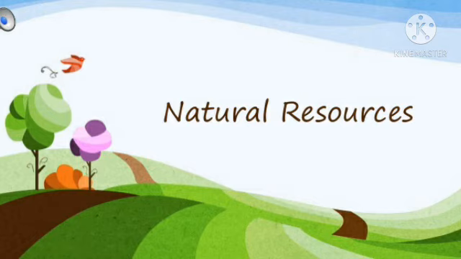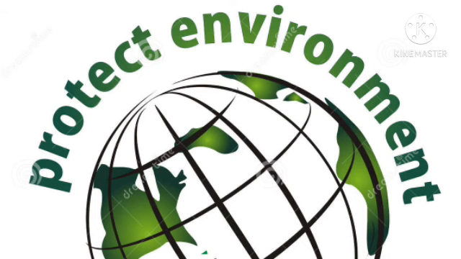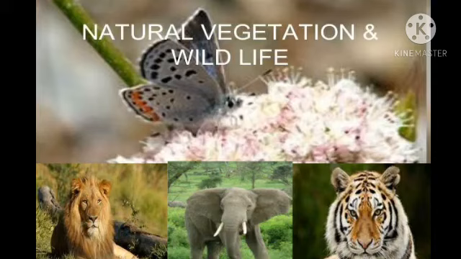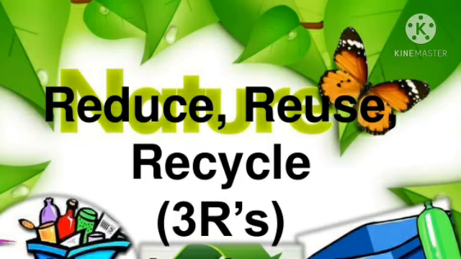The following are the points: identification of the reasons of depletion, prevention of wastage and excess use of resources, recycling of resources, prevention of pollution, protection of environment. Natural vegetation and wildlife need to be preserved. Alternative usage of resources. To conserve resources, the 3 R's need to be followed: reduce, reuse, and recycle.